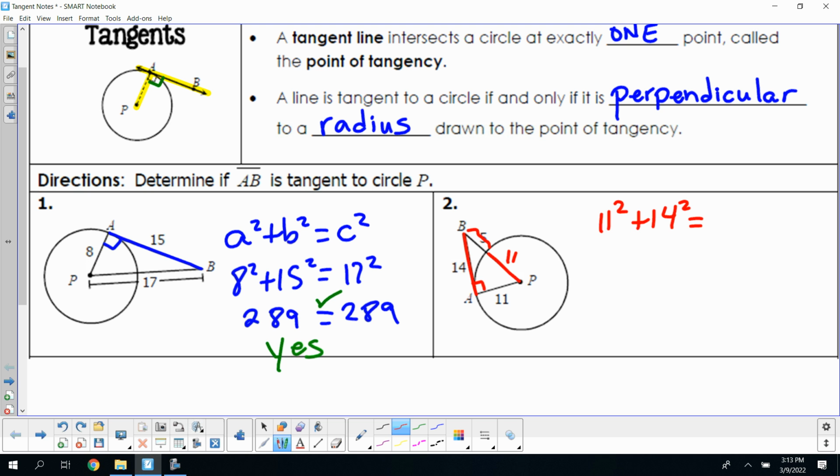So 5 plus 11 gives us 16 squared. So 11 squared plus 14 squared gives us 317, and 16 squared gives us 256. So we can see that 317 does not equal 256. So no, line AB is not a tangent to the circle P.